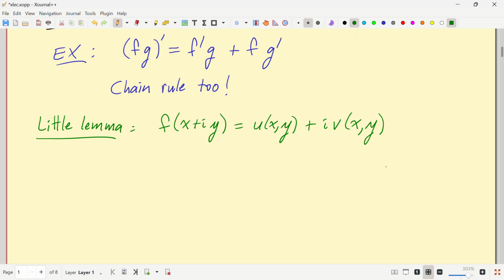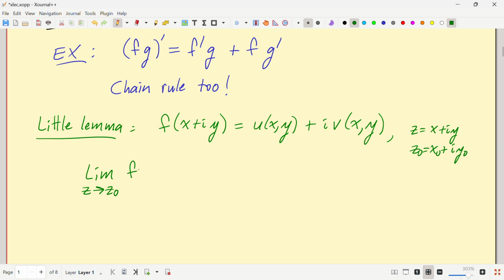And if you think about what the limit means as z tends to z naught, I'll also write z equals x plus iy, and z naught equals x naught plus iy naught.